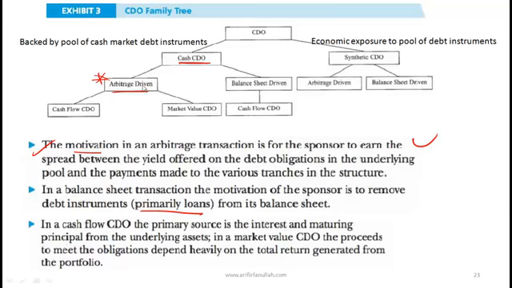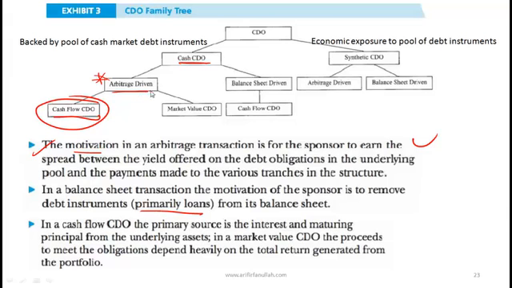Now, within arbitrage driven, we can have cash flow CDOs and market value CDOs. As a word of caution, don't get confused between cash flow CDO and cash CDO. A cash CDO was simply a CDO where you actually own the underlying instruments. Under cash CDO, based on the motivation, one category is arbitrage driven.